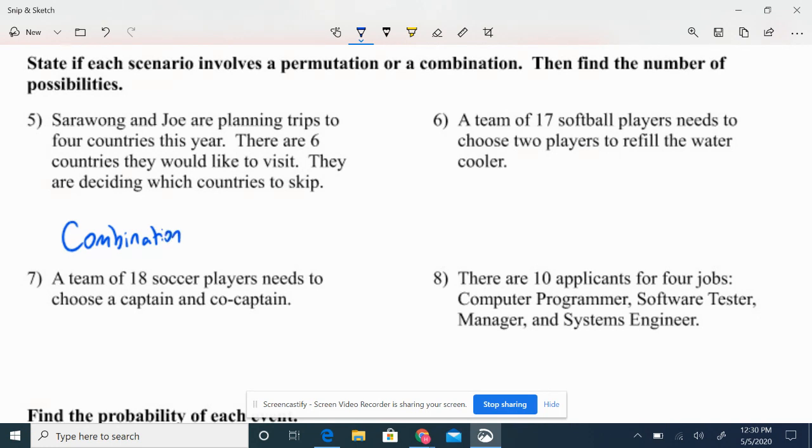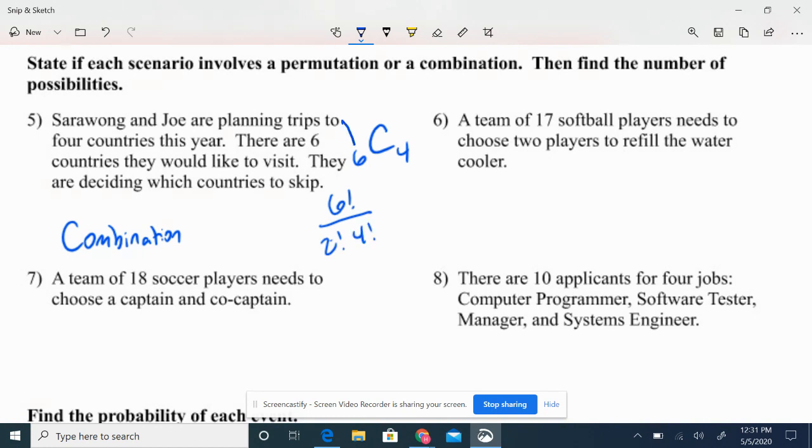Now find the number of possibilities. I have combination. From 6 countries, they're going to visit 4. The way we do this, I go 6 factorial over 4 factorial, or better yet, the way I explained yesterday was 6 factorial over 2 factorial and 4 factorial.